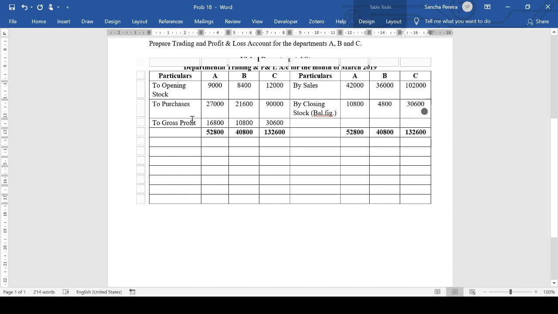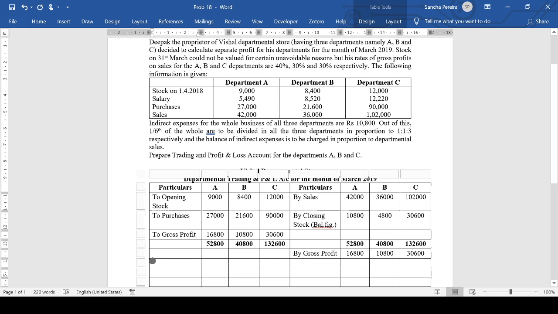So to gross profit, copy this. We also know the salary. The salary is already given departmental wise: 5,490, then 8,520, and also 12,220.